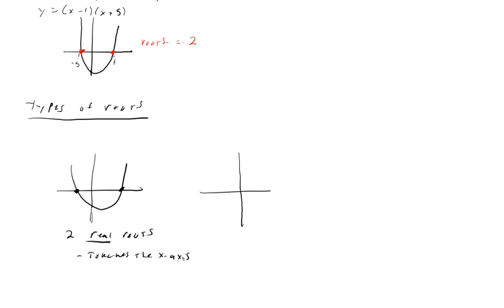Another type of root is the kind that just barely touches only one spot. And this is a double root. We talked about that double root. Let me write it a little bit better. Double root. We call this a multiplicity.